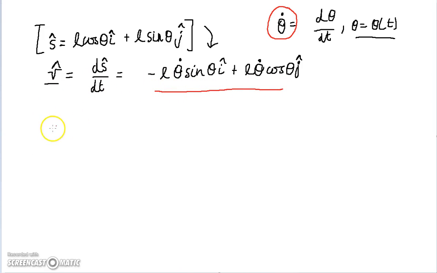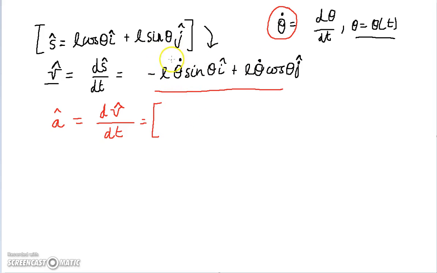And so what's the acceleration vector? Well, the acceleration vector, a hat, we just differentiate the velocity vector with respect to time, so that's dv hat over dt. Now things are going to get a bit messy, and it might take a while for me to write everything out. So if you're very familiar with how to use the product rule and the chain rule, you can just skip ahead and carry on watching from there.